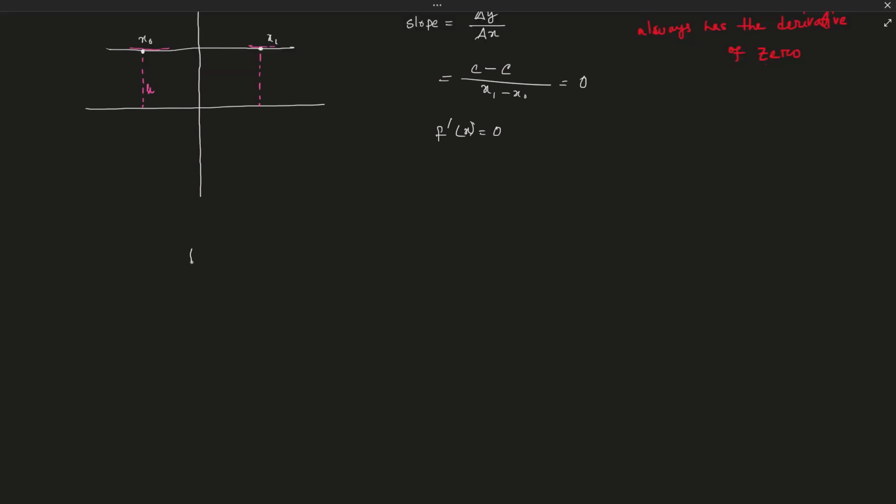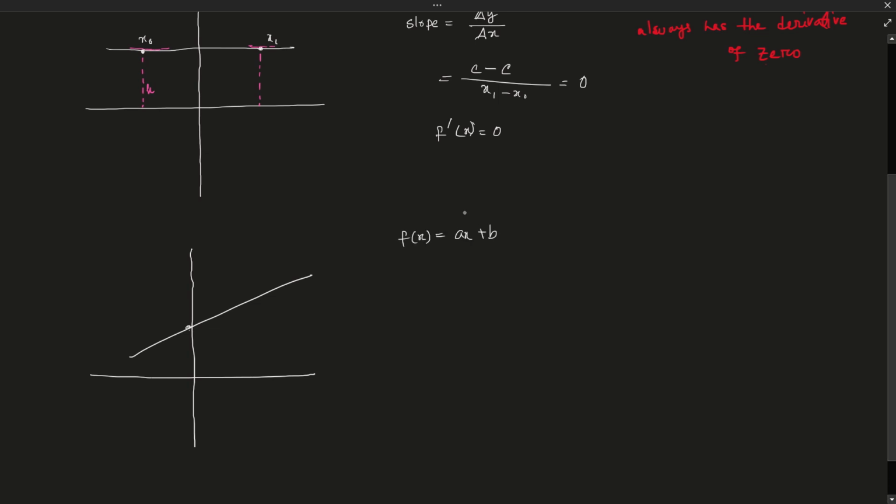So this is a graph, and suppose we have a line here, and the equation is f of x equals ax plus b.